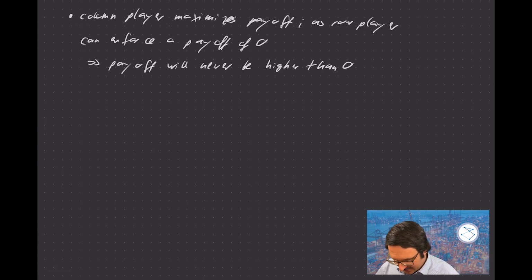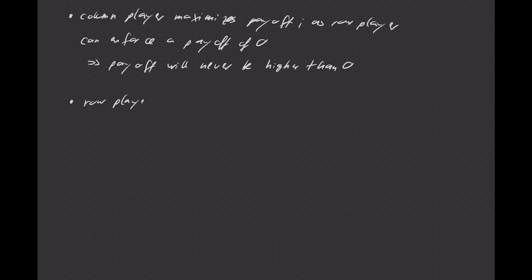And of course, from the other point of view, the game is just the same. It's kind of symmetric here. So the row player wants to minimize the payoff. He can enforce 0. Of course, he would like to have less, but on the other hand, the column player can also enforce 0. So that means the row player is never going to get less than 0.